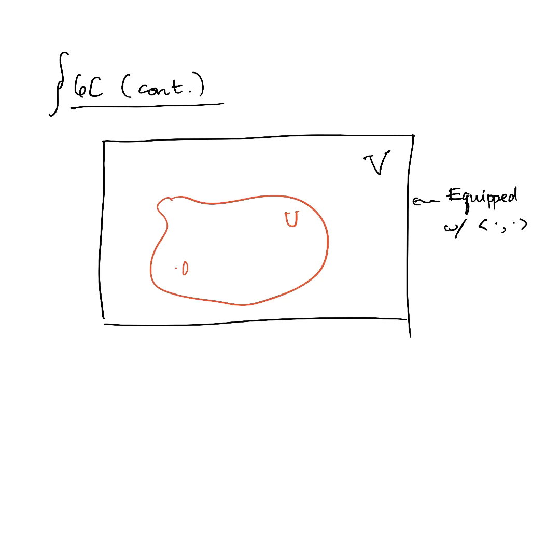So let's write down an orthonormal basis for just U. So let's say it's E1, E2, through EM.